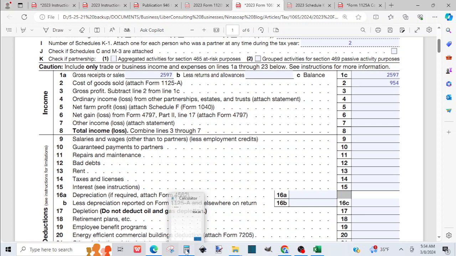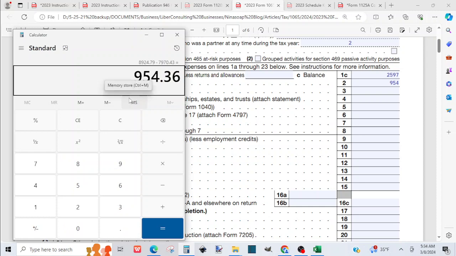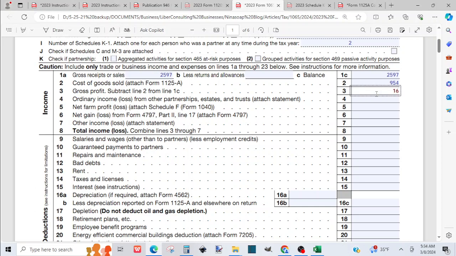So we are going to pull this, and that is going to be 2597 minus 954, and that will give me 1643. So on the main form you are going to round, and the software of course will do it for you. Even if you add the numbers with decimals, the software will be able to round it for you. So ordinary income or loss from other partnership estates.